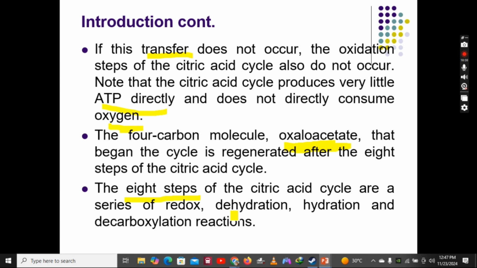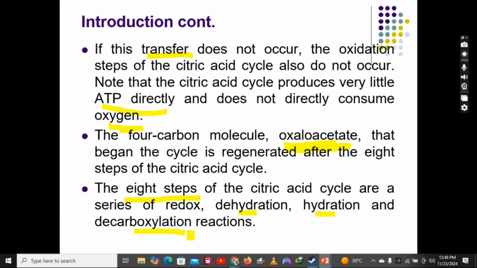We have dehydration, the removal of water, then addition of water, which is hydration, and we have decarboxylation reactions, the removal of carbonic compounds. That's what will be involved in these 8 steps of the citric acid cycle.